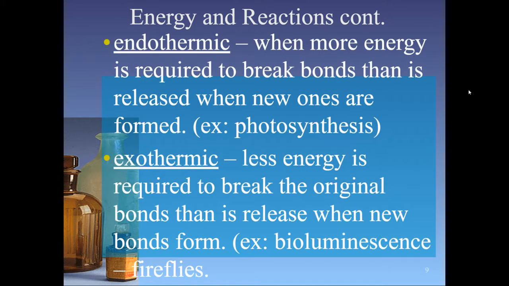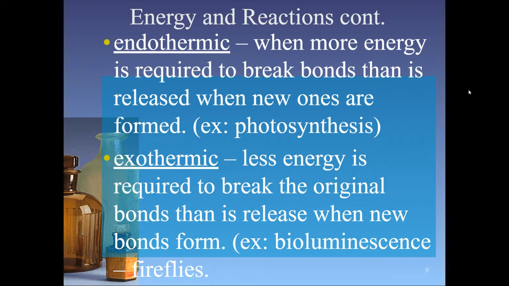So this brings us to two very important vocab definitions. Okay? Endothermic and exothermic. So endothermic is when more energy is required to break the bonds than is released when new ones are formed. An example is photosynthesis. So endothermic, we have more energy that is going to be put into that chemical reaction than is going to put out. Okay, so into, endo, inside. Okay, more energy is put into that chemical reaction than what is given off.